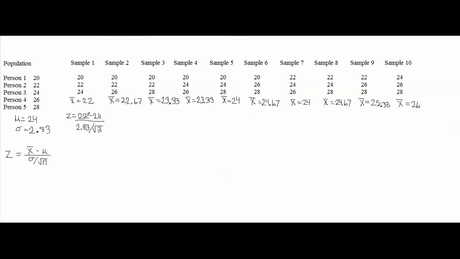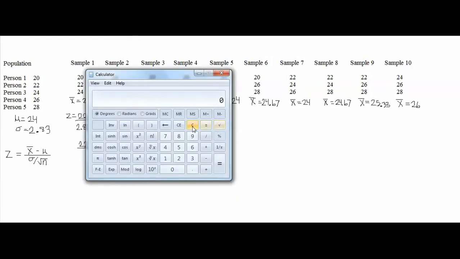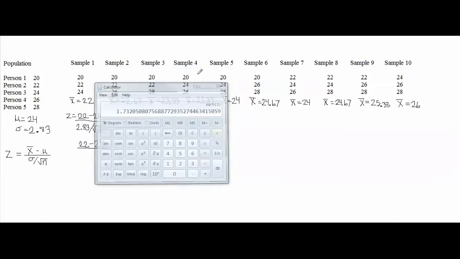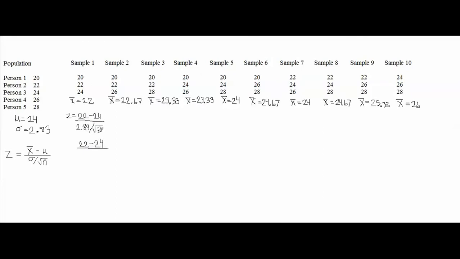So let's try to calculate this z-score. What we can do first is work on the bottom of the fraction. So let's find out what the square root of 3 equals. It's easiest to do the square root first. So it's 1.73. So we can change this to 1.73.